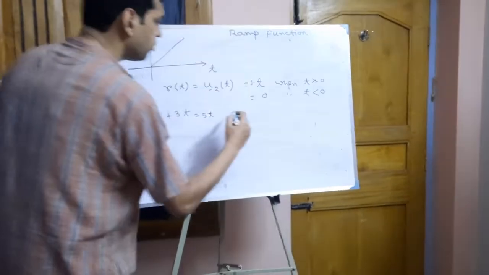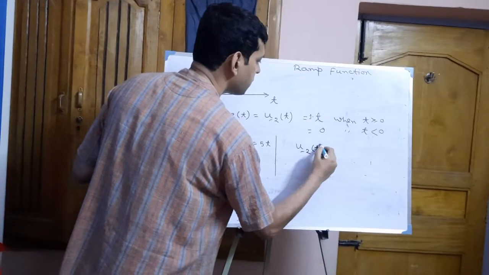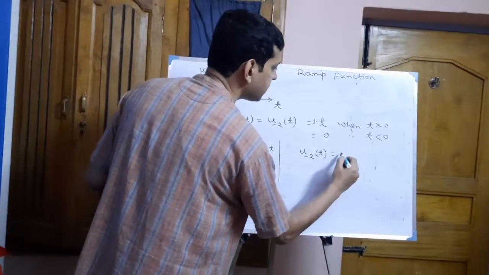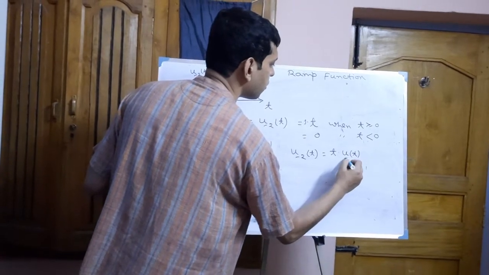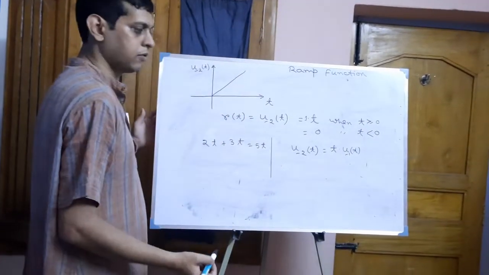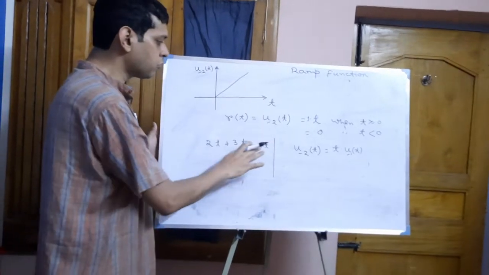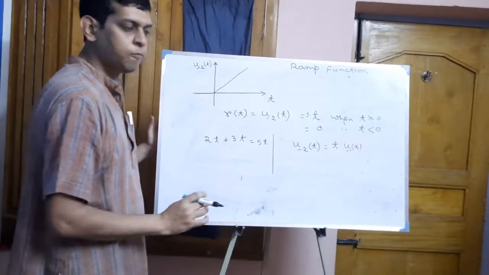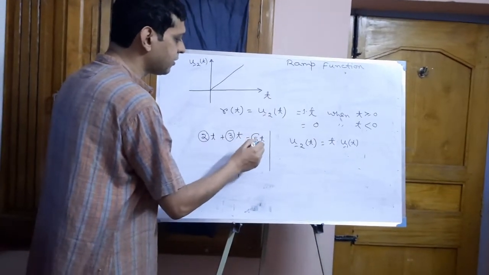So we can write u minus 2(t) as t into u(t) or u minus 1(t). Now 2t plus 3t equal to, we all know, 5t. So the gradients can be added.